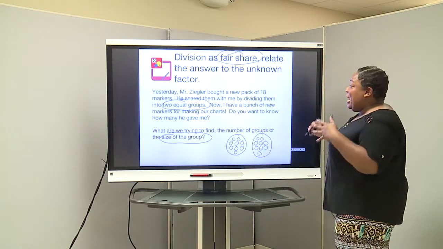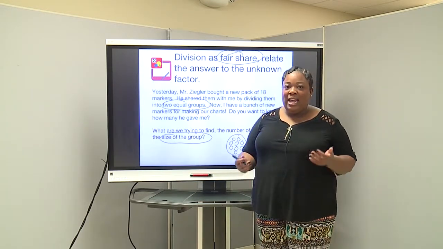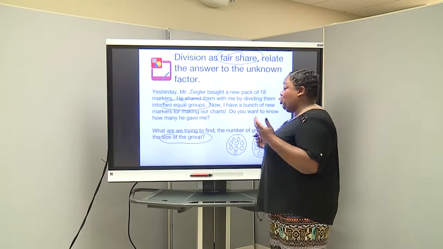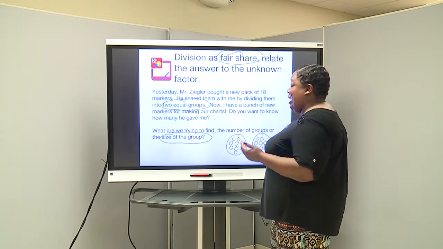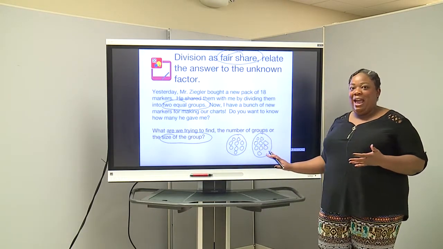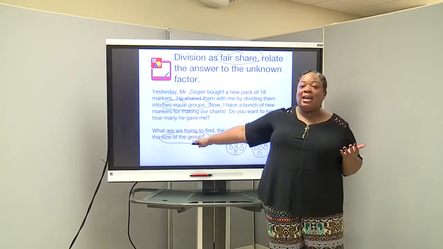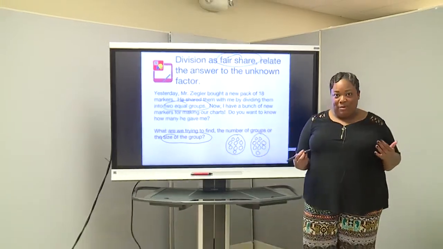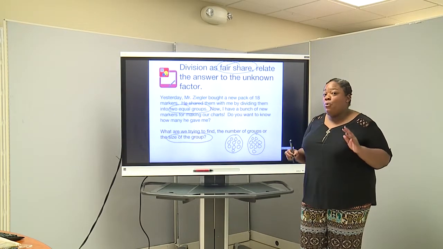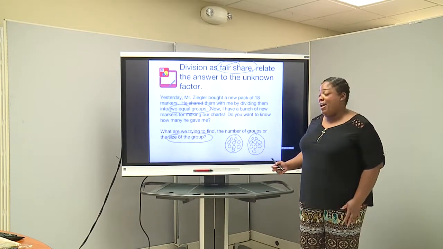So you guys, I have 18 markers and I've just divided them into two groups, all right? So now what we can do is we can count the number of circles we have in each group, and that will actually tell us the size of each group, all right? So let's see. We should have the exact same number in both circles. If we don't, we know we did something wrong, so let's check, all right?